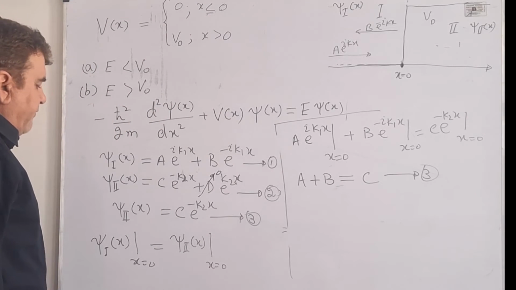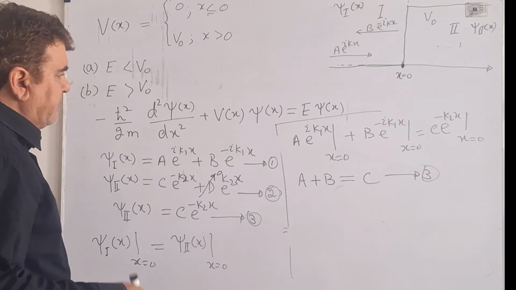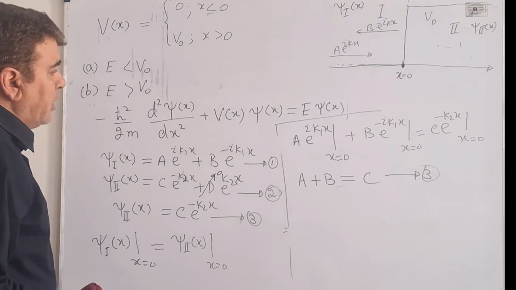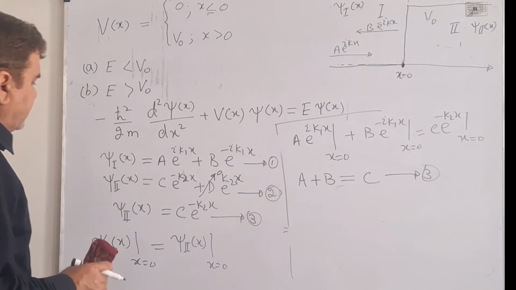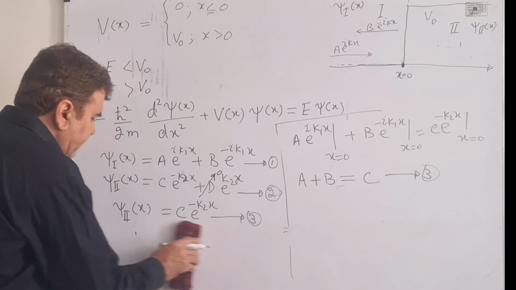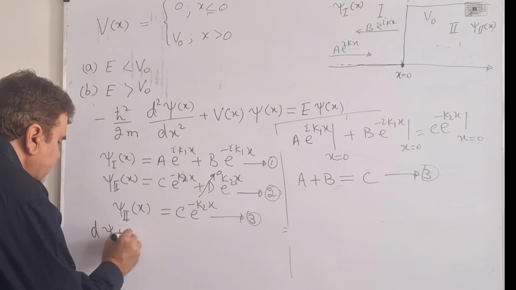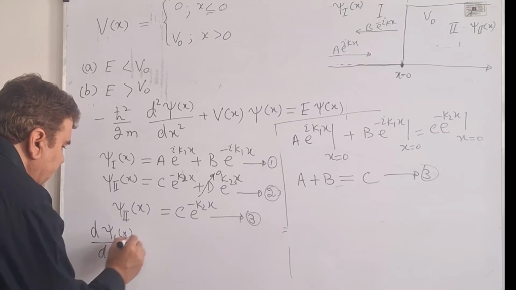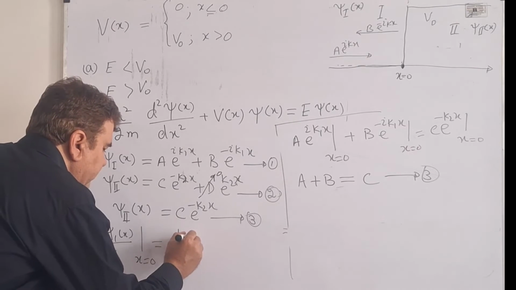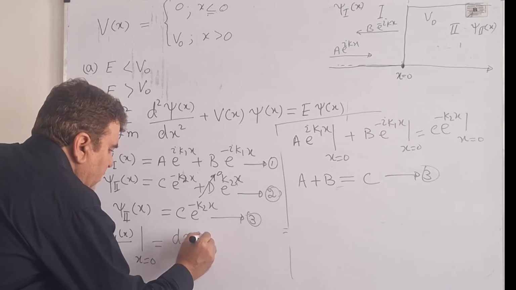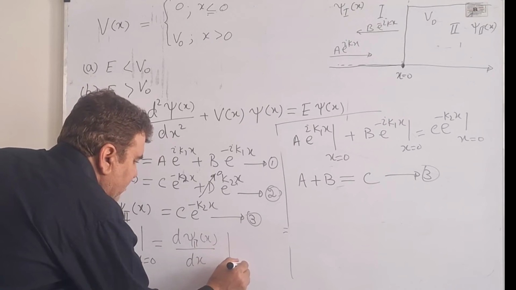And similarly, if I use the second condition for continuity, that the derivative of the wave function must be continuous, then I get that the derivative of psi 1 of x with respect to x at the boundary x equal to 0 must be equal to the derivative of psi 2 of x with respect to x at the boundary x equal to 0.